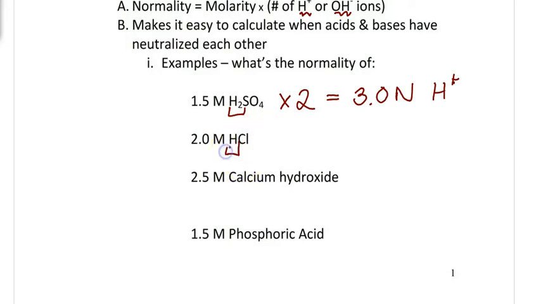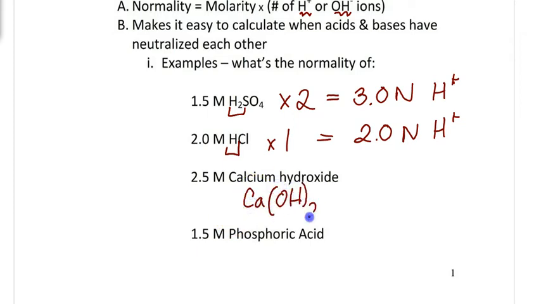There is only 1 acidic hydrogen there, so the normality and molarity happen to be the same. For the next one, calcium hydroxide. Calcium hydroxide is Ca(OH)2, so that means that there are 2 base units in each calcium hydroxide, so we'll have to double the concentration. So that'll be 5.0 normal of base.